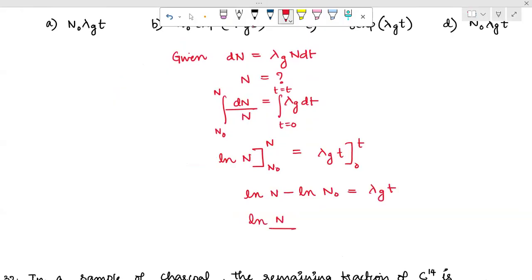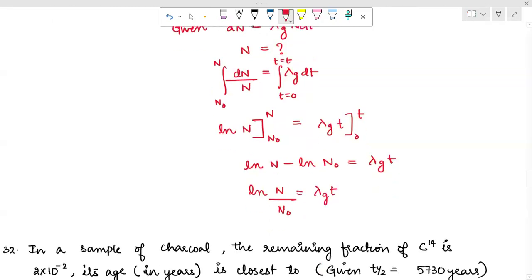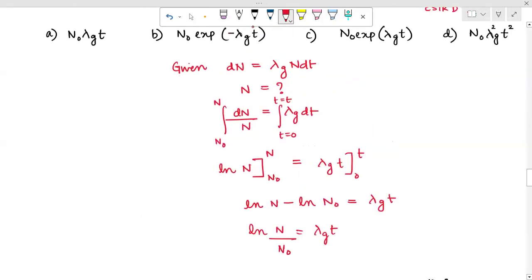Or ln n by n naught is equal to lambda into t. So if I take anti-ln on both sides, n by n0 is equal to e to the power lambda into t. When you take anti-ln on both sides, this becomes e to the power lambda t, and I can take n0 to the other side.